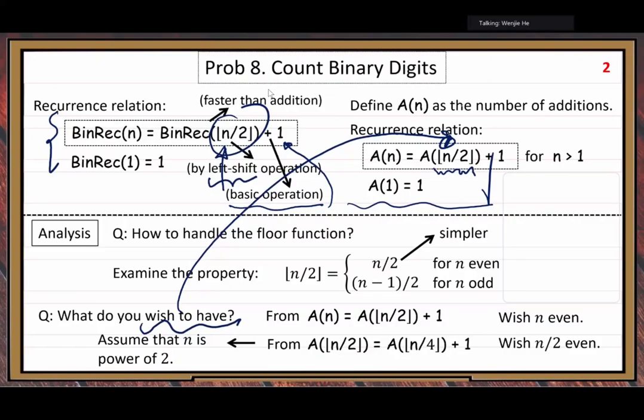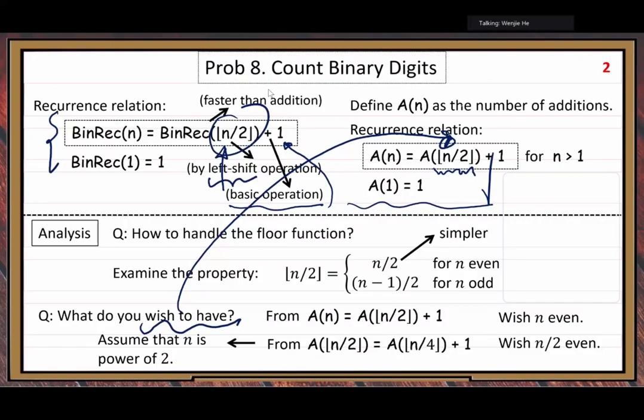Then, because we need to do the recursion all the way down to the bottom, and we want to make sure there is no rounding for all the floor function representations, that's the best case scenario. So at the end, in order to get that best case scenario, we need to assume n is a power of 2.